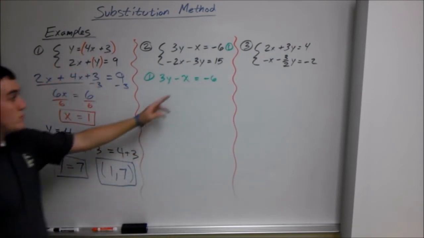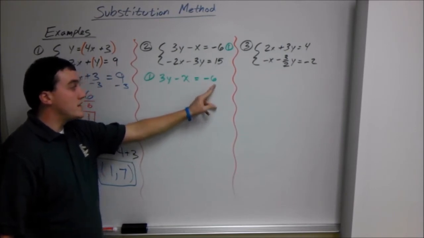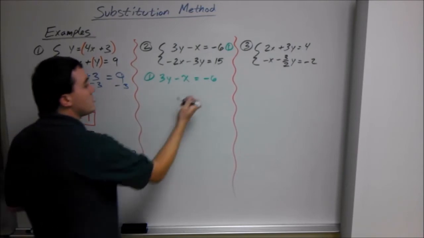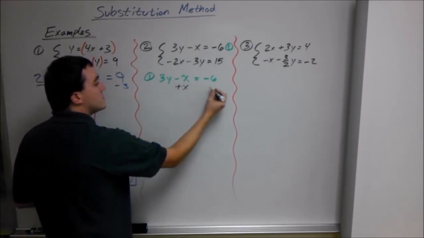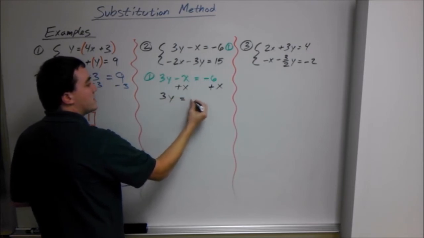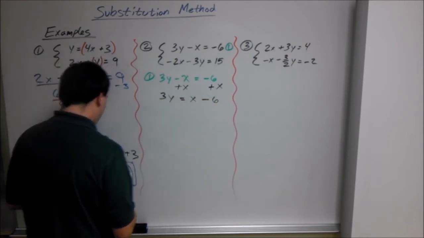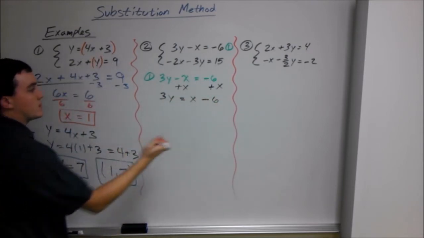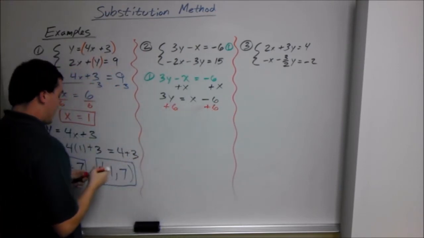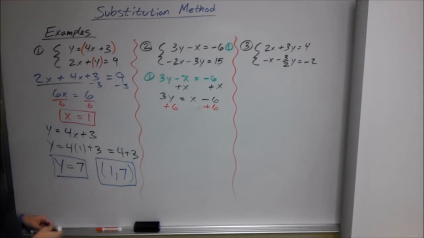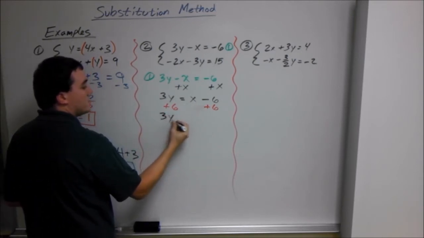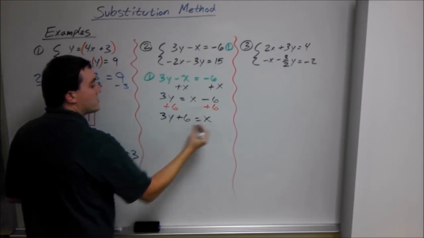We can move the x over to this side and move this 6 over to this side, so x is solved for. We add x to both sides: 3y equals x minus 6. Then we add 6 to get x by itself. Okay, so we have 3y plus 6 equals x.